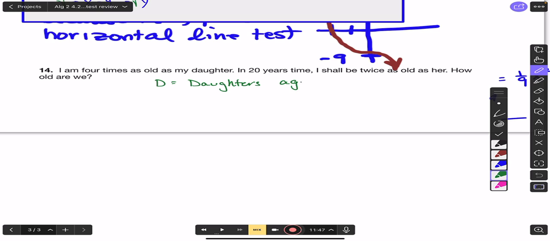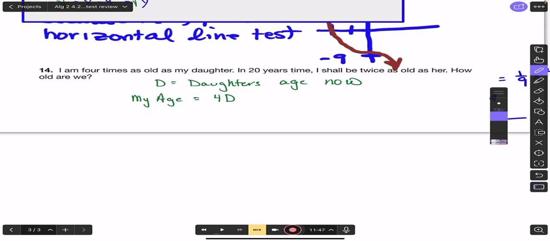And that's our age right now. And my age is 4 times that. My age is 4D. In 20 years' time, I'll be twice as old as her.